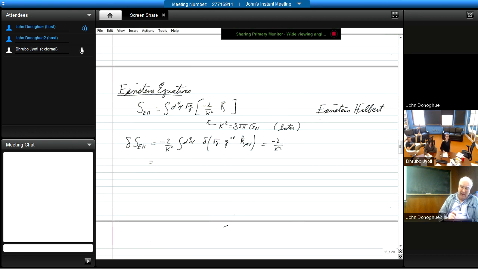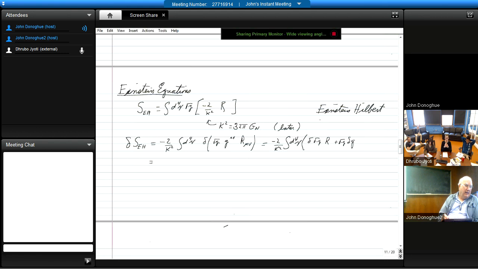So this is going to equal 2 over kappa squared, integral d^4x. I've got delta of the square root of minus g times R left over.